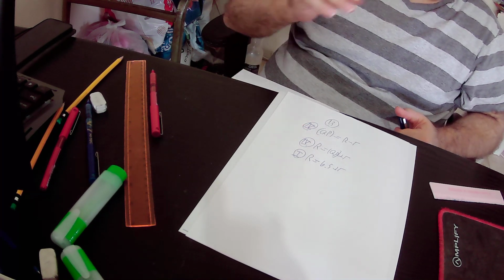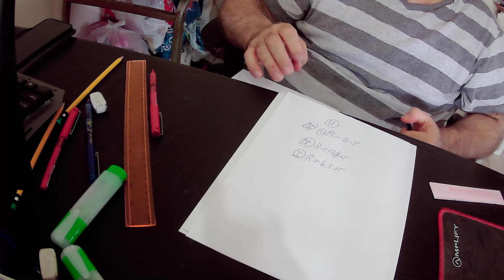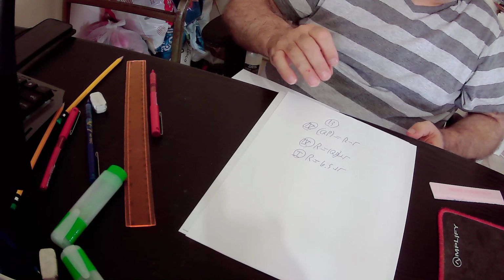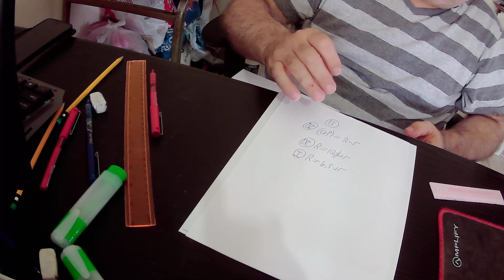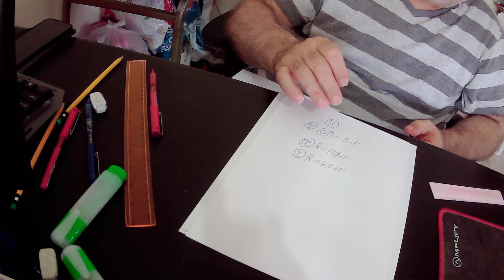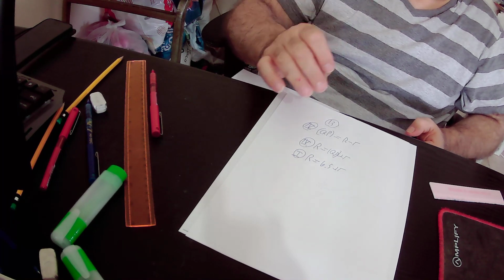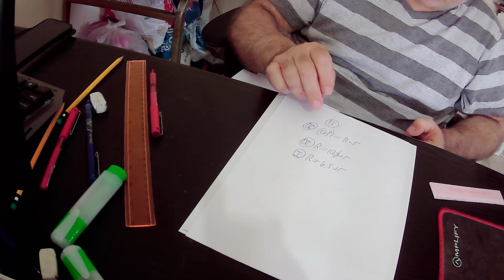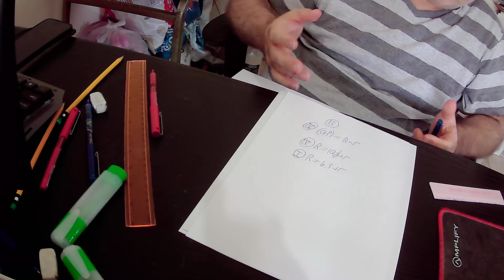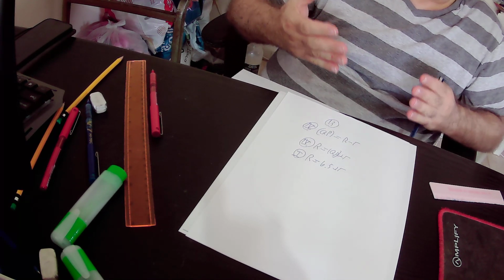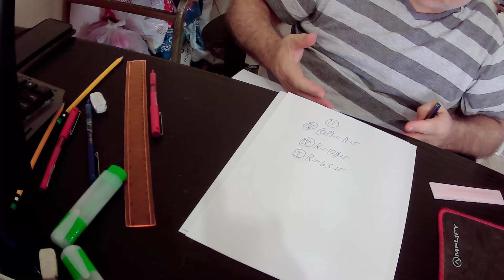So we can create equation number 5 that states that the radius according to expression number 1 equals the radius according to expression number 4, because we are talking about the same radius.